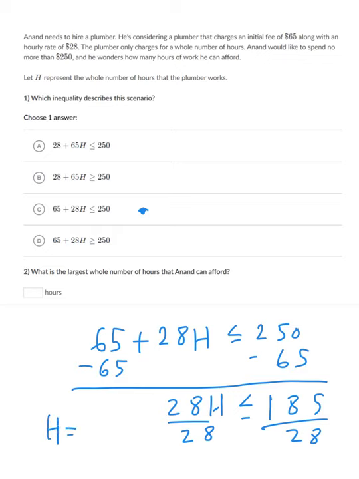So H is around 6.6 hours. So the question is, what is the largest whole number of hours that Anand can afford? Anand can afford to pay the plumber 6 hours. So that's the maximum number of hours that he can pay for.